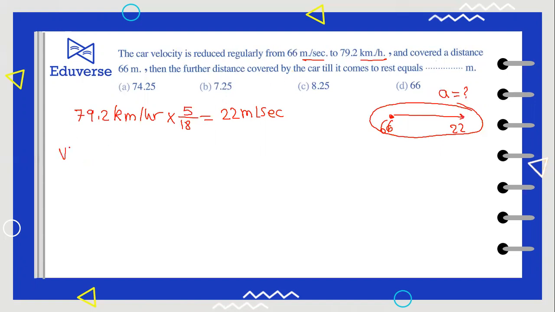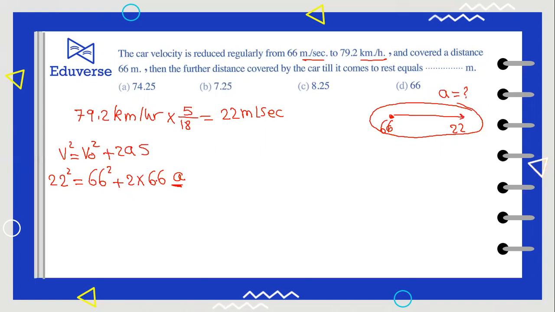I have a rule, v square equals v node square plus 2as. The terminal velocity here is 22, so 22 square equals the initial velocity 66 square plus 2 multiplied by the distance, 66, multiplied by a. I want to find the acceleration.